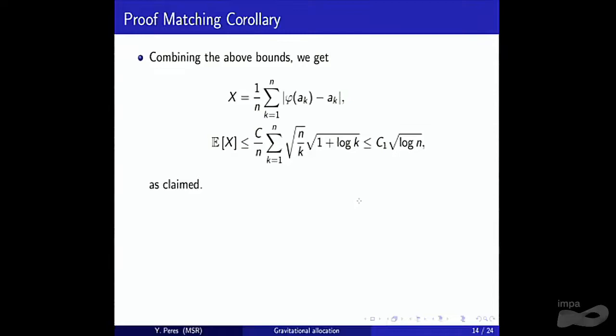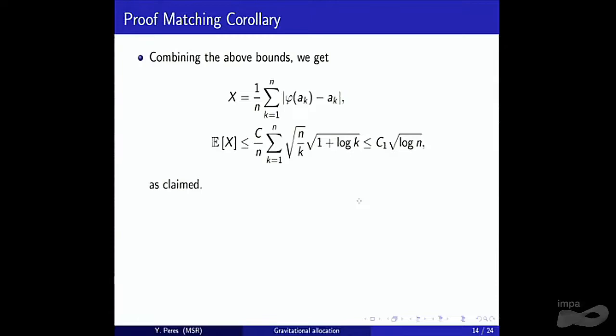Since we're looking at distances, you have to scale by the radius, which is square root of n over k. So you just get this series, which is easy to bound. For instance, if you bound the log k by log n and take it out, you get a really elementary series, and you'll see that this is order root log n. And this is, up to constants, the right answer.